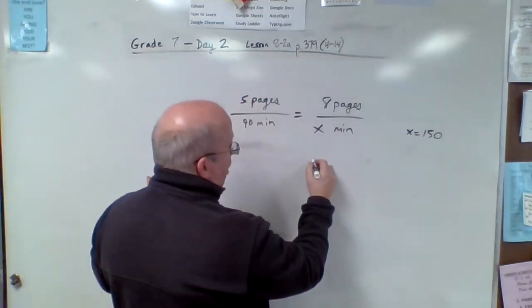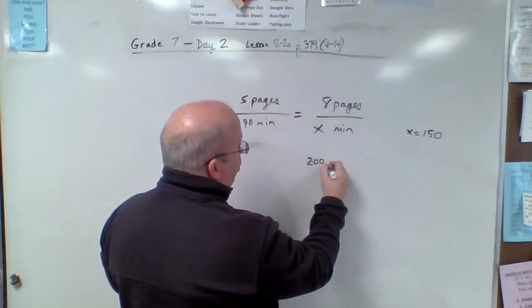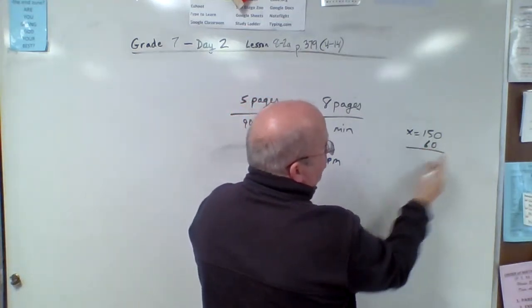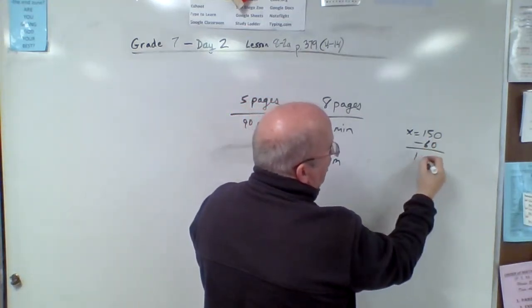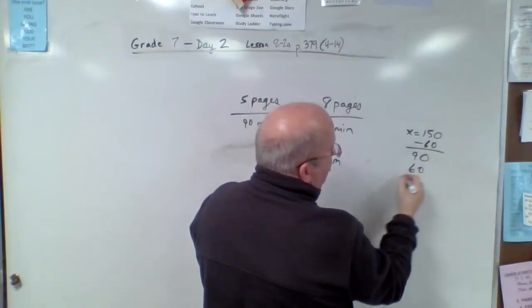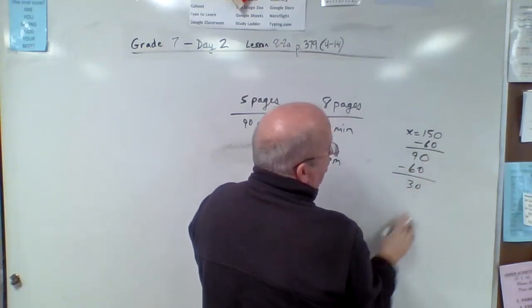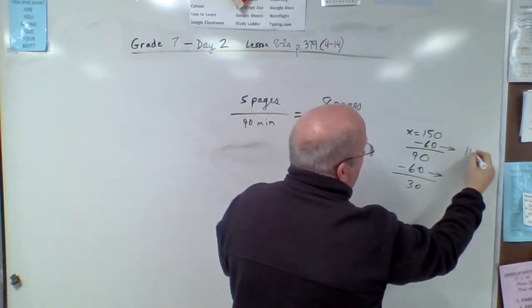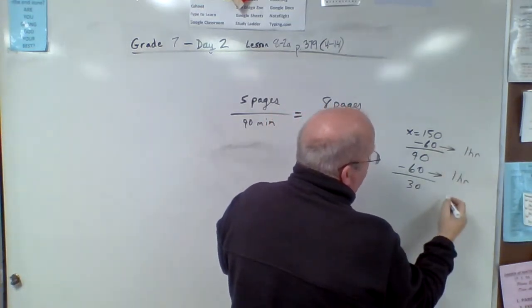How would you use that to find the time of day? Well, here's how. We know that he started working at 2 p.m. 150 minutes, if you subtract 1 hour's worth of minutes and then subtract another hour's worth of minutes, that tells me that 150 minutes is 2 hours and 30 minutes.